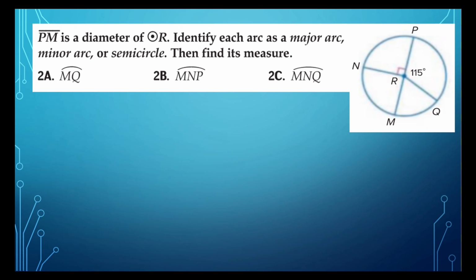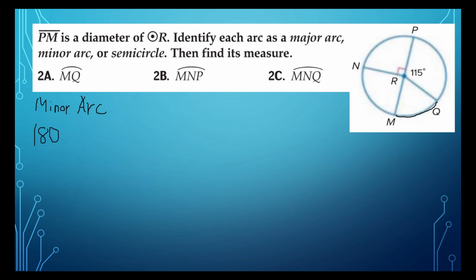Let's practice. Segment PM is a diameter of circle R. Identify each arc as a major arc, minor arc, or semicircle. Then find its measure. In 2A, arc MQ is a minor arc because it is less than the semicircle.